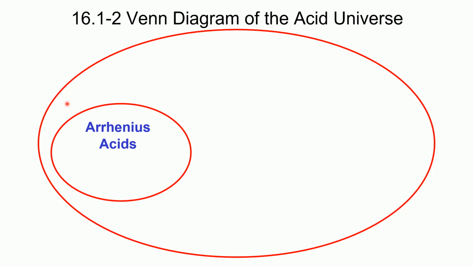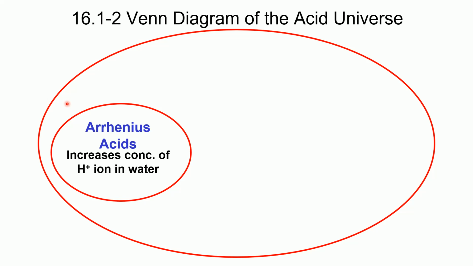Our definition for Arrhenius acids is anything that increases the concentration of hydrogen ion when you put it into water.